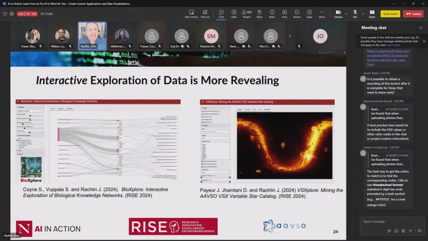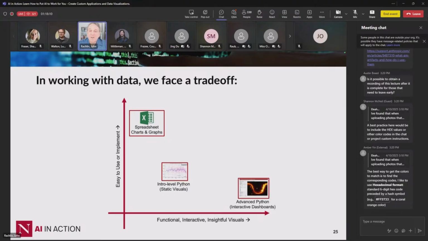But again, as you build more sophisticated types of visualizations and begin to try to implement interactive elements, inevitably you're talking about requiring more training, more technical expertise, more time to get to that level of competency with software engineering and data science. So we have this fundamental trade-off in working with data. On the one hand, spreadsheets: most people are at least somewhat technically literate, so they have experience perhaps with using spreadsheets in an office environment.